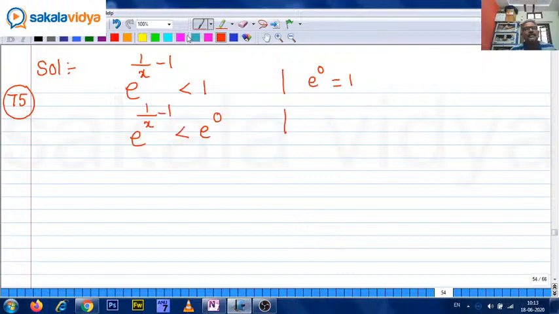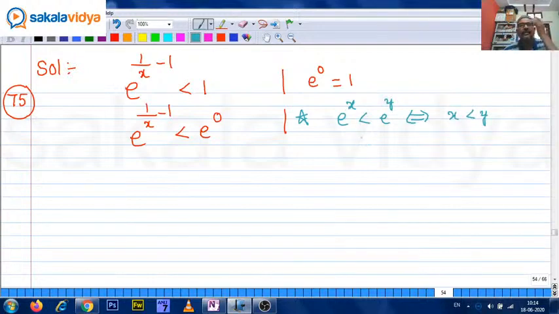So we have one basic fact. What is the basic fact? If e power x is less than e power y, then we can write x less than y.